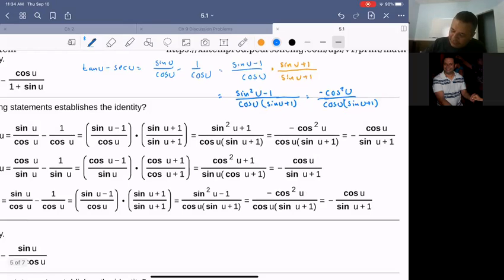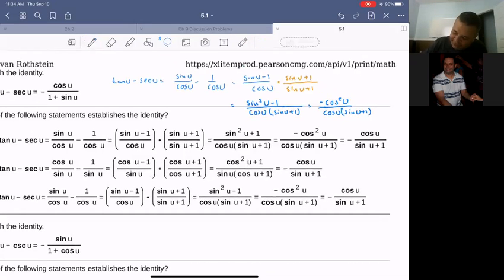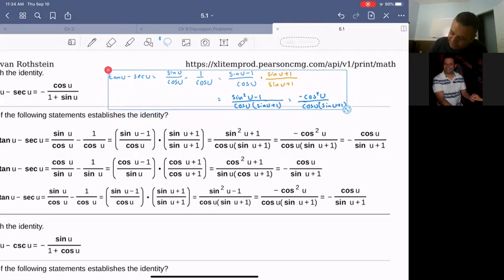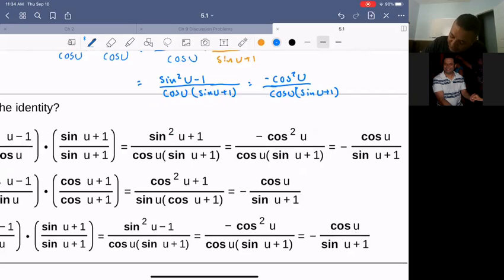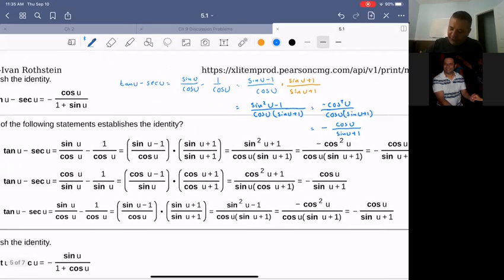Okay. This cosine cancels with that, so this becomes negative cosine of u over sine u plus 1. Okay, and that's what we have here.